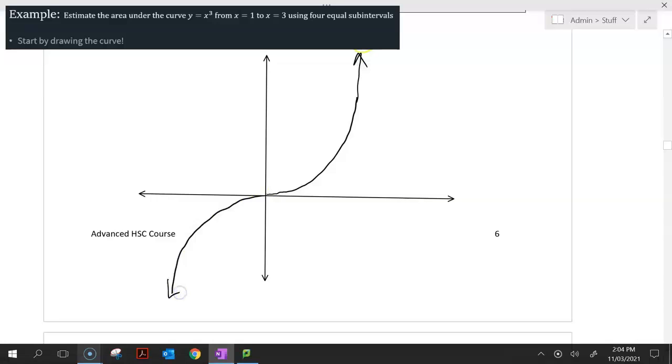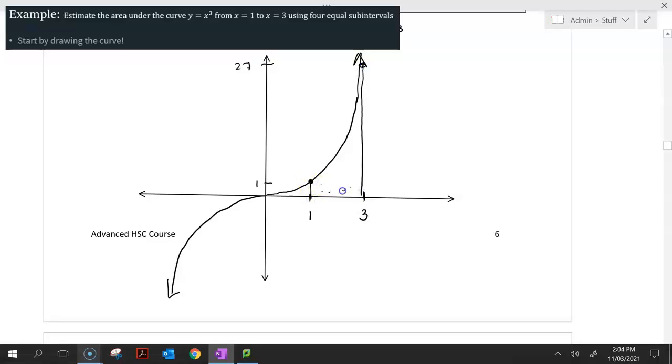Even if you don't recognise the curve, just plotting points will be enough. I'm going to go to x equals 1. What's 1 cubed? 1. And then I'm going to go to x equals 3. And what's 3 cubed? 27. And now I'm just going to draw lines.